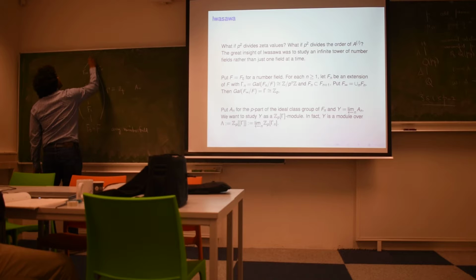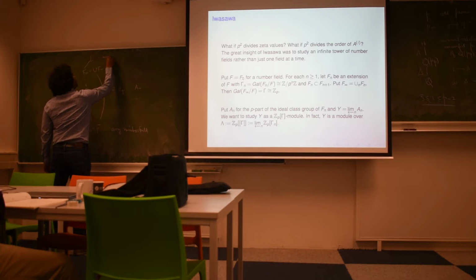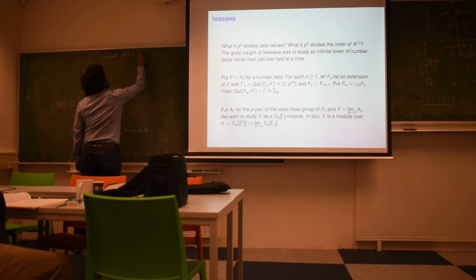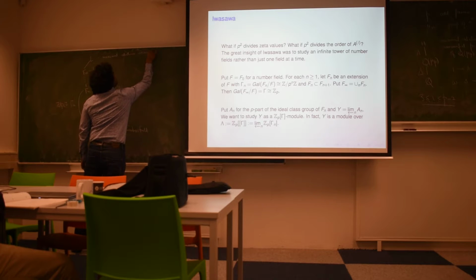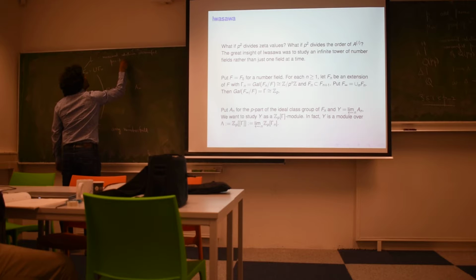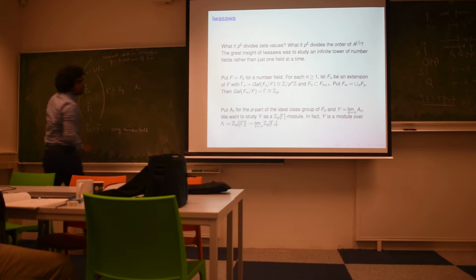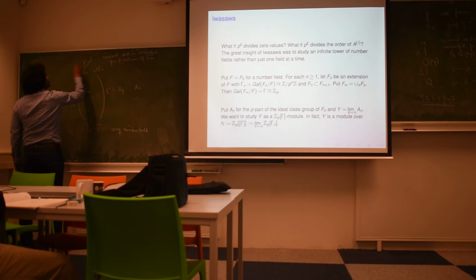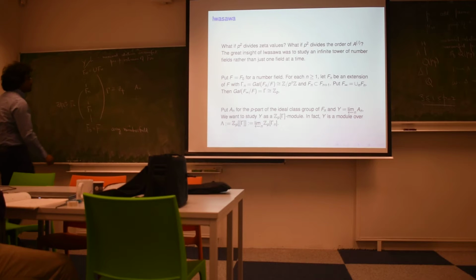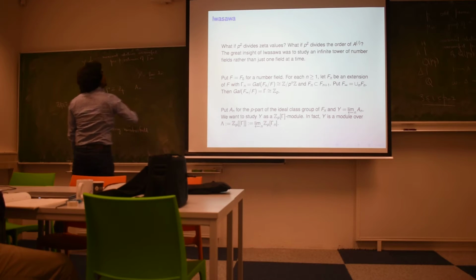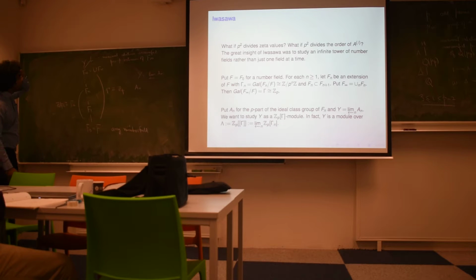An alternate description would be: I take L, the maximal abelian unramified pro-p extension of F_infinity, and the Galois group of this is denoted by Y. Okay, so I can either think of this as the p parts of ideal class groups and then taking the inverse limit with respect to norm maps, so Y is that, or using class field theory, I can think of this as the Galois group of L over F_infinity.